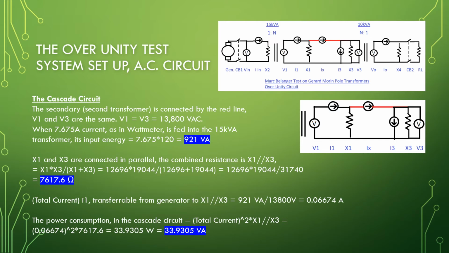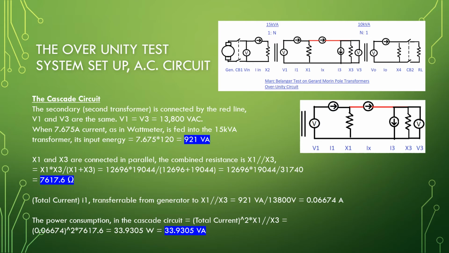Total current I1 transferable from the generator to X1 parallel X3 equals 921 VA divided by 13,800 volt equals 0.06674 ampere.